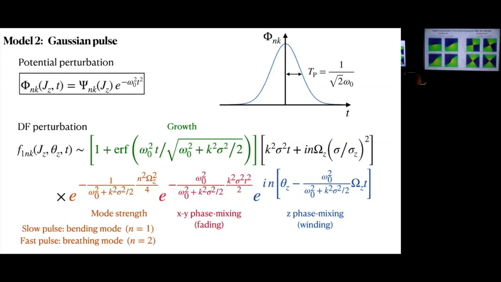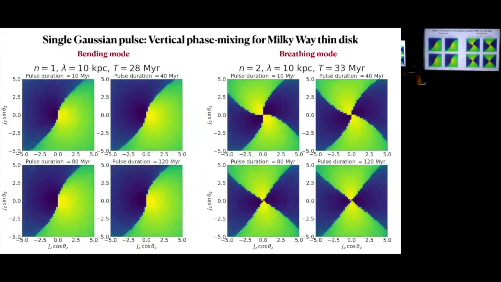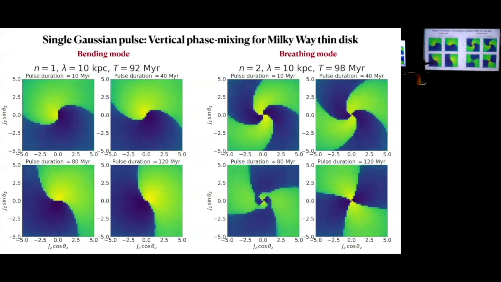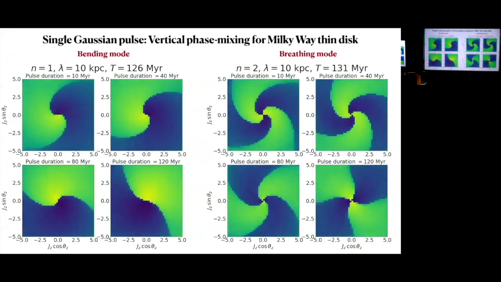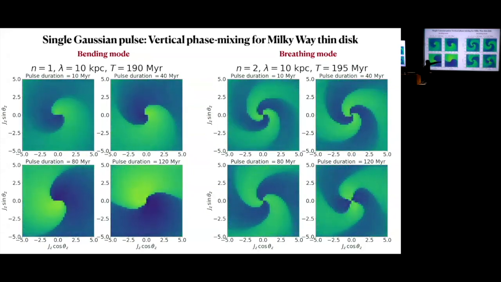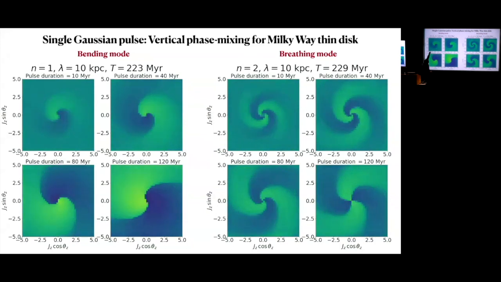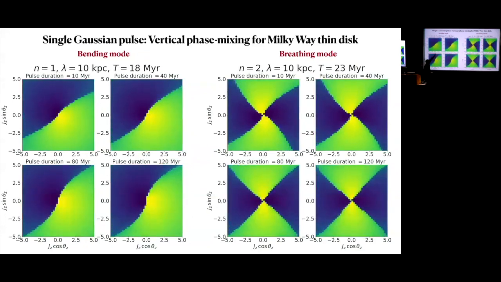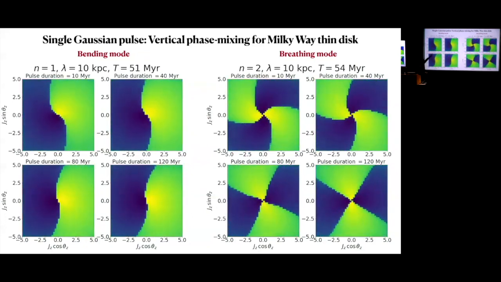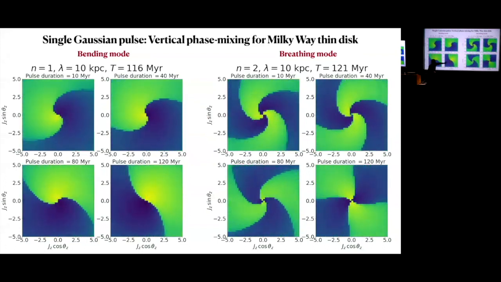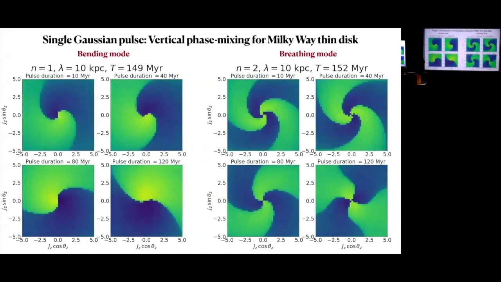Okay, so here what I'm showing is, for that Gaussian pulse, for different pulse durations, what the winding looks like. From top left to bottom right, the pulse duration is increasing. So this is the fastest pulse, this is the slowest pulse. And you can see, hopefully, that the winding rate depends on the pulse duration. If you have a very fast pulse, the winding happens faster. For a slower pulse, the winding happens much slower.